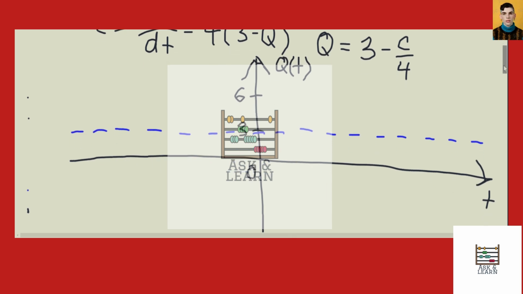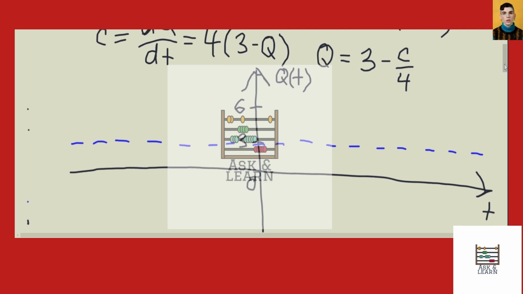If C is greater than 0, then Q, equal to 3 minus C over 4, is going to be less than 3.